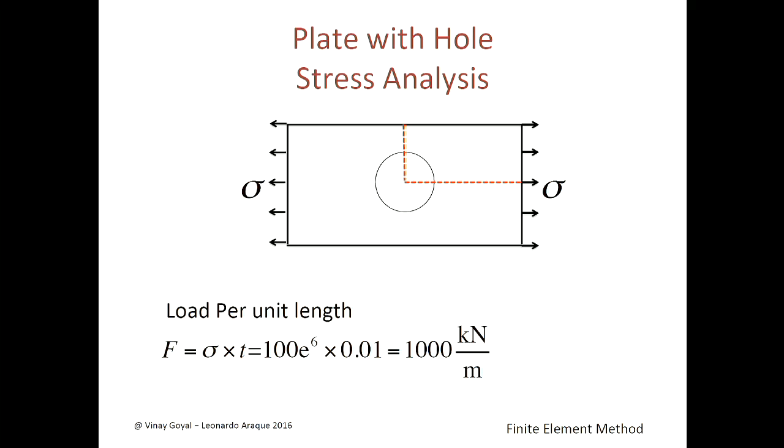If you remember, the remote stress applied is 100 megapascals. We're going to distribute this stress across the thickness by multiplying by the thickness. So the load applied through the model in Abaqus is going to be 1,000 kilonewtons per meter.